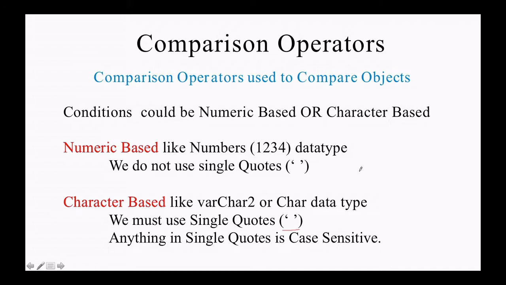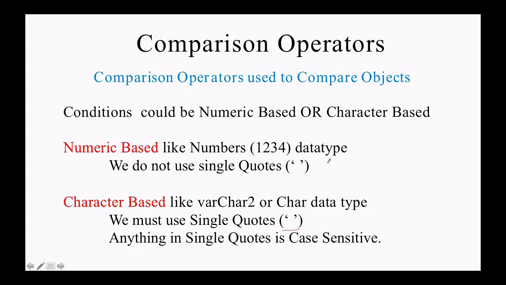So, for instance, if you're looking for first name equals John, you need to put it in single quotes. Whereas if you're looking for, for instance, salary equals 1,000, you don't need to put in single quotes.